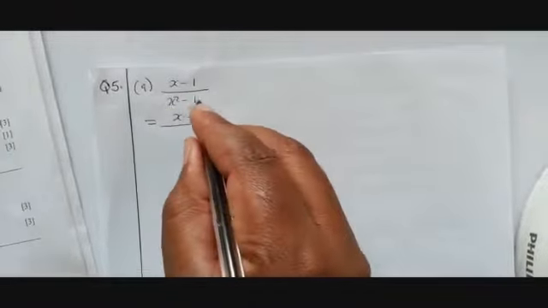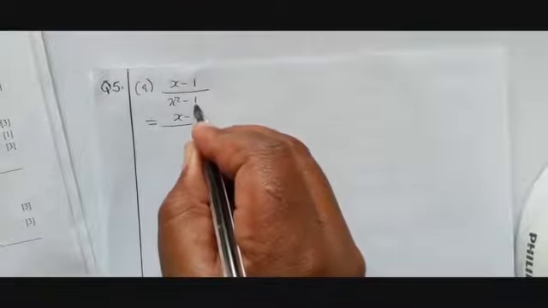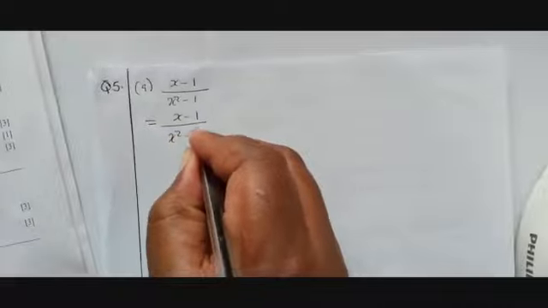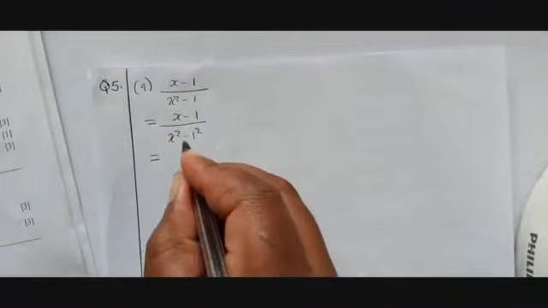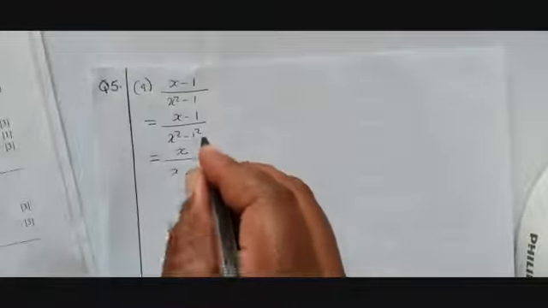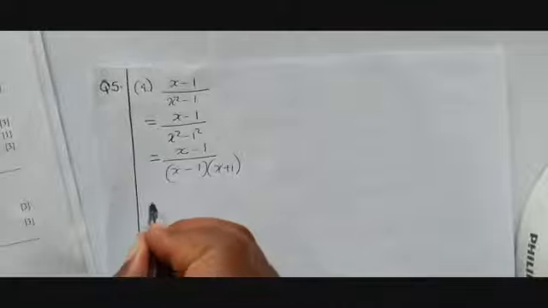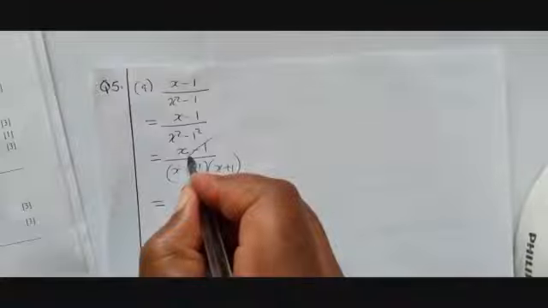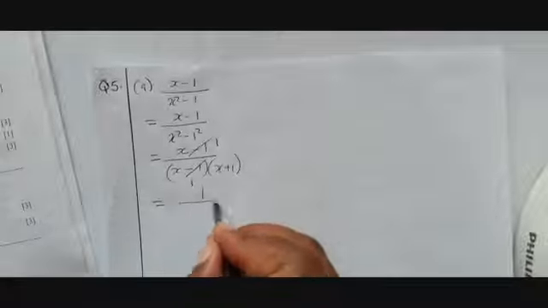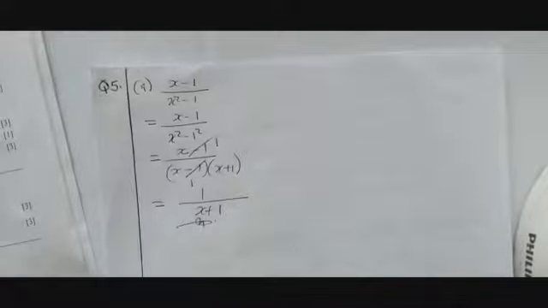You factorize by difference of 2 squares because of x squared and a minus, because 1 can be written as 1 squared. Alright? So we are saying this is x squared minus 1 squared. Okay? This is x minus 1 divided by, here you pick x minus 1, then x plus 1. This is equal to x minus 1 into x minus 1 is 1, here to be 1. You have 1 over 1 by x plus 1, you have x plus 1, and this is your answer.